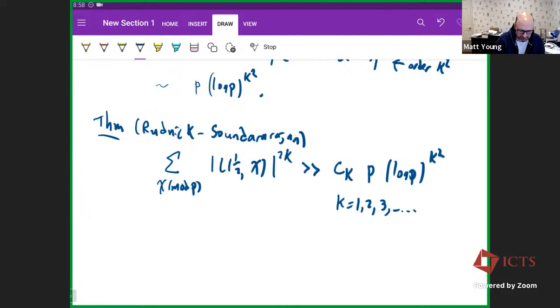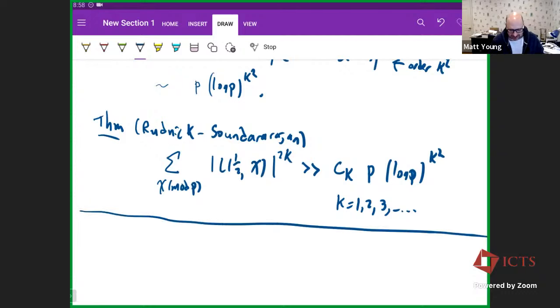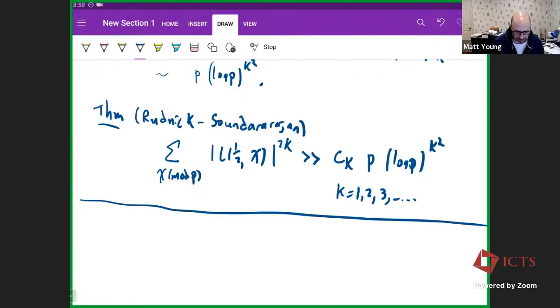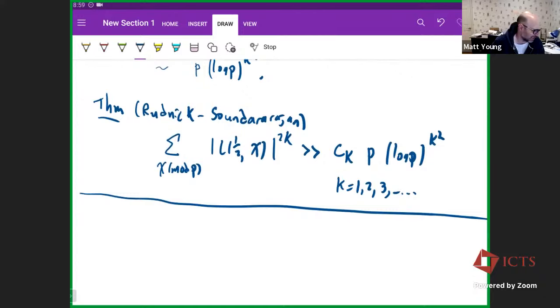Maybe I won't make that precise, but you can just see that it can't always be that the Dirichlet L functions are bounded by log of p or log of p squared or log of p cubed or anything like that, because if it was any fixed power of log of p, then you wouldn't get log of p to the k squared. It'd be linear in k in the exponent, but it's quadratic in the exponent. So anyway, that's nice.